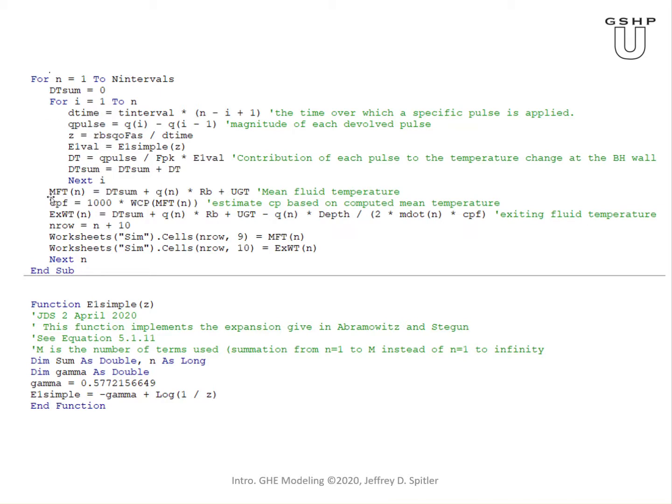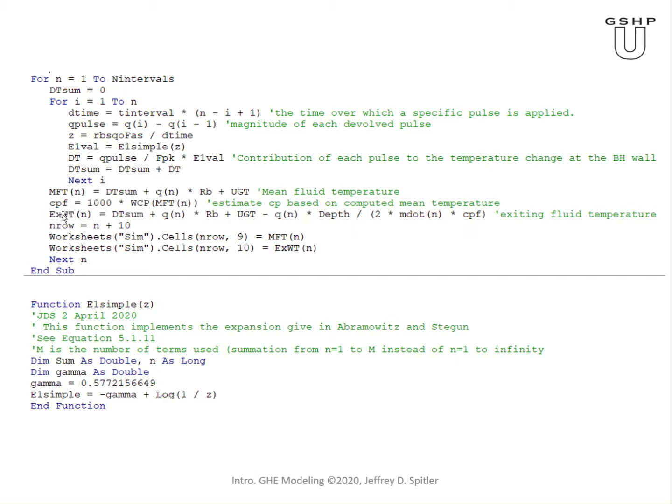When we've summed them all up, we're ready to find the temperature. So this is that total temperature change at the borehole wall. Q times RB is the temperature difference from the borehole wall to the fluid. And the UGT, undisturbed ground temperature, is the same as the far field temperature. And then the specific heat of the fluid, CPF, I use the mean temperature to compute that.